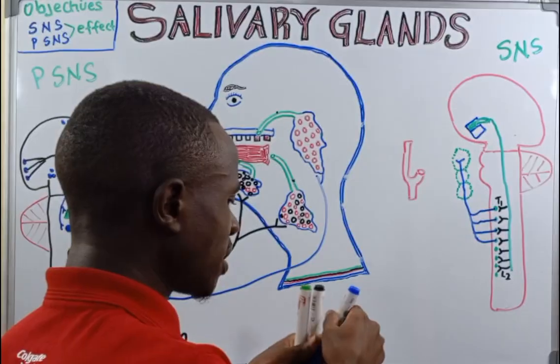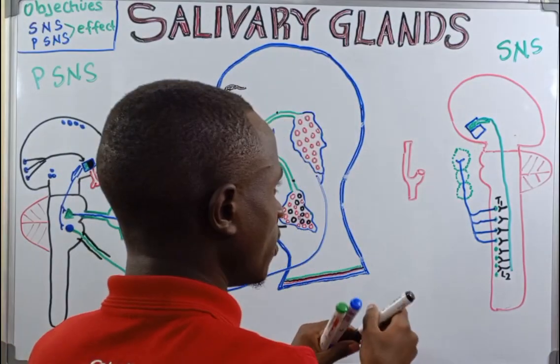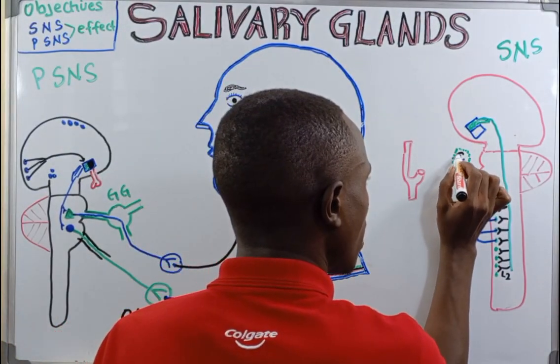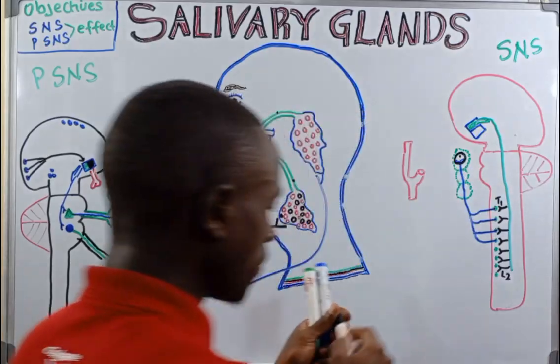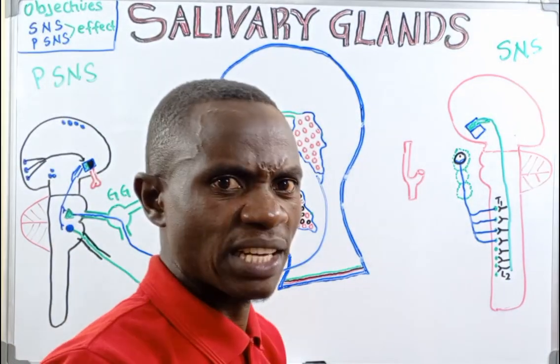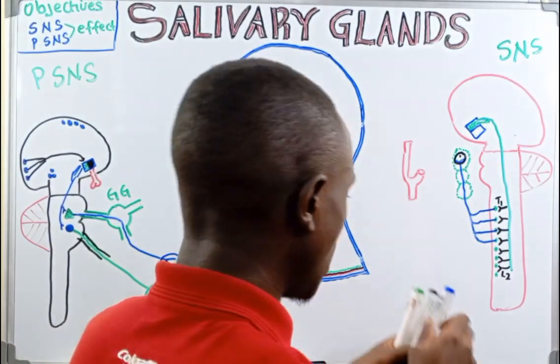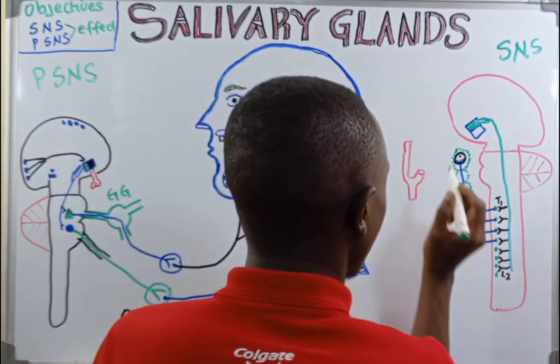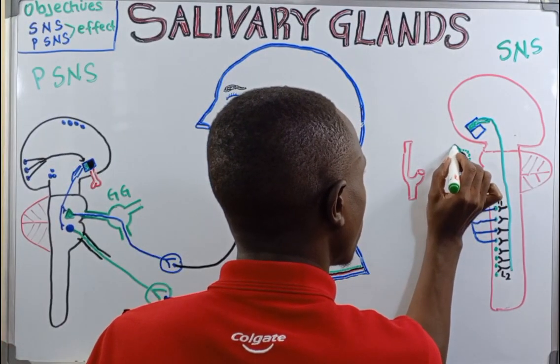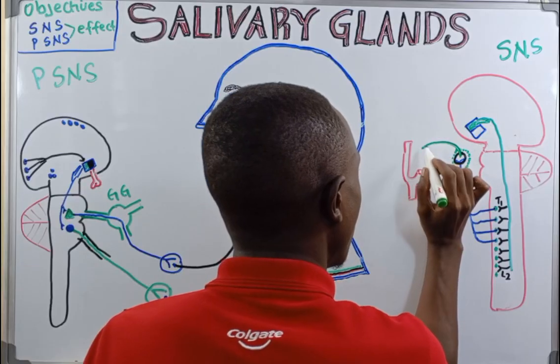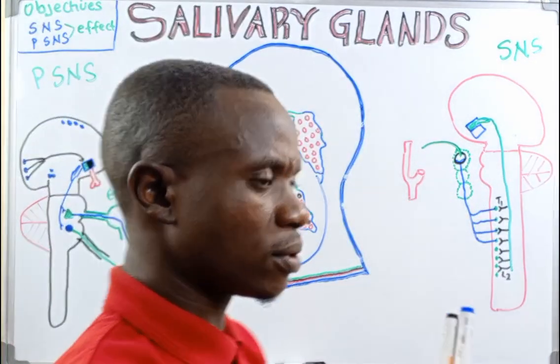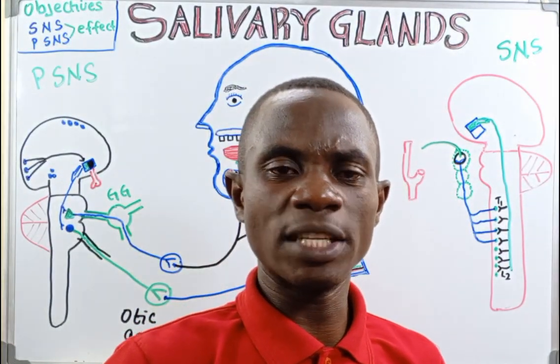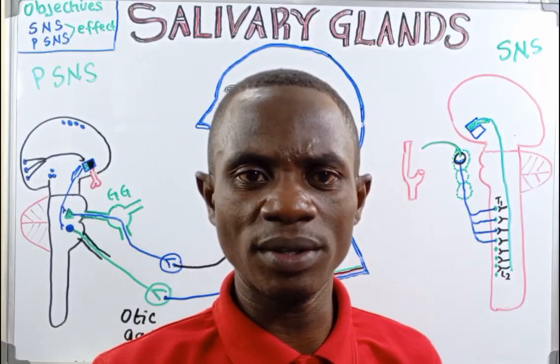Now, when they terminate in the superior cervical ganglion, the motor fibers of the sympathetic nervous system get activated. When they get activated, you now see the postganglionic motor fibers coming out. In the neck we have the common carotid artery that splits into the internal and the external carotid artery.